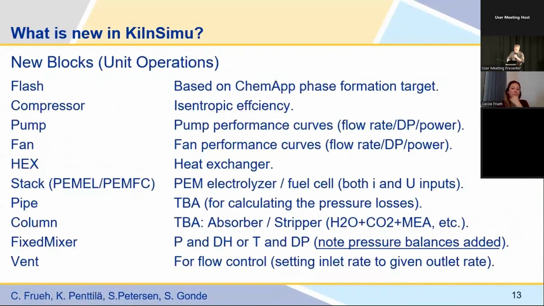And then this is the list of the new unit operations or blocks. So I have added this flash. It's an evaporation of liquid using the phase formation target in ChemApp. And then the compressor. If you change the pressure and calculate the enthalpy change, it's of course zero. But when you compress anything, your temperature is increasing. So it uses this isentropic efficiency to calculate the increase in temperature.